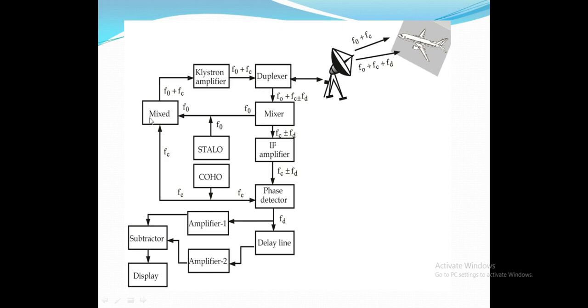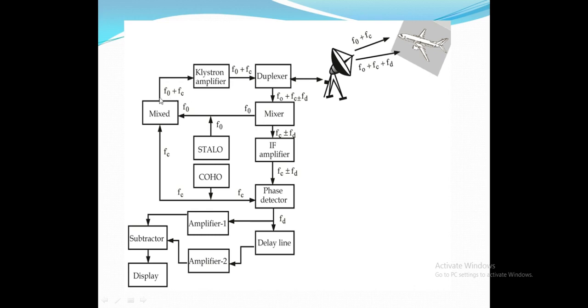Once again, the input of mixer 1 is from two oscillators, Stalo and Coho. Stalo means stable local oscillator, and Coho means coherent oscillator. The output of mixer 1 is F naught plus Fc.